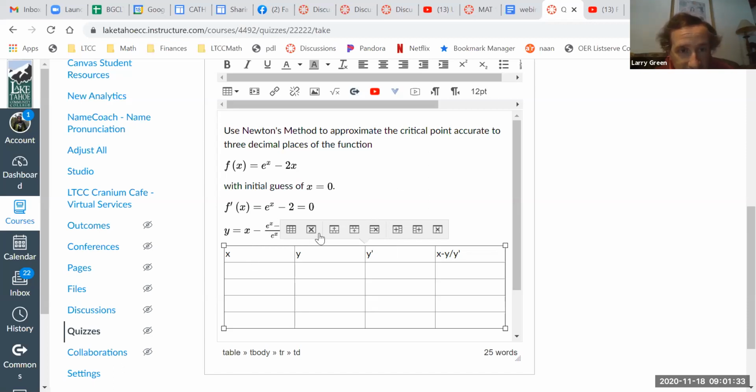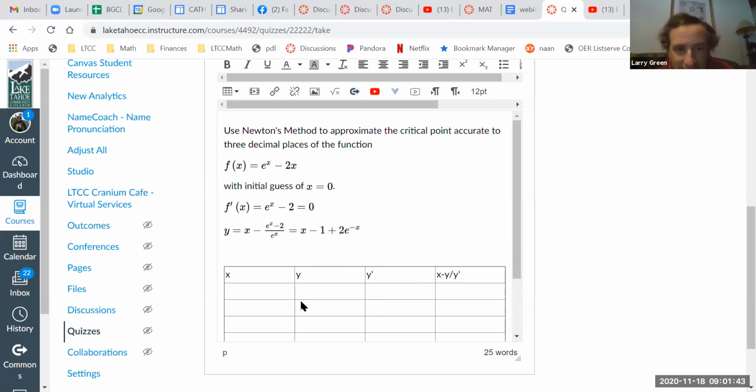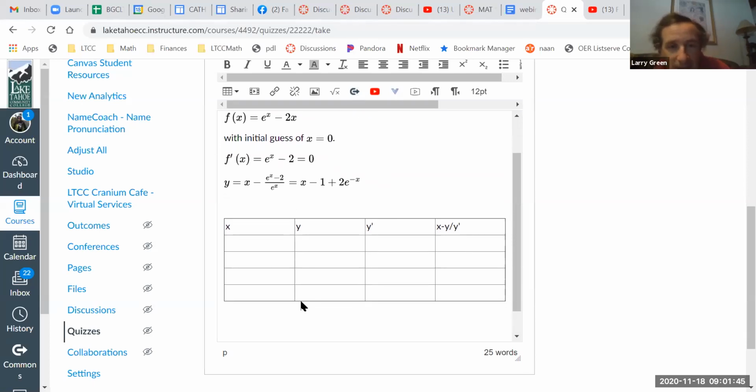Let's write this out. That works. So that's going to be x minus 1 plus 2e to the negative x. So x, by the way, is 0 for the first one. And then, maybe I shouldn't call it y and y prime because I call something else y. So how about g and g prime?